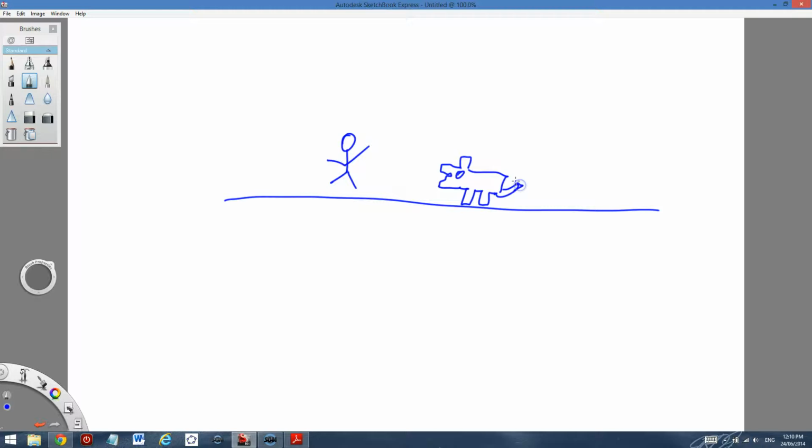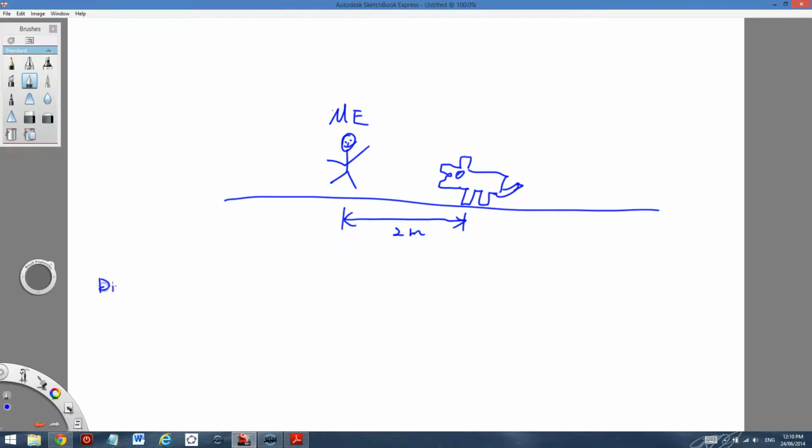Yep, this is a dog. Now, the distance between the dog and me, that's me, is 2 meters.